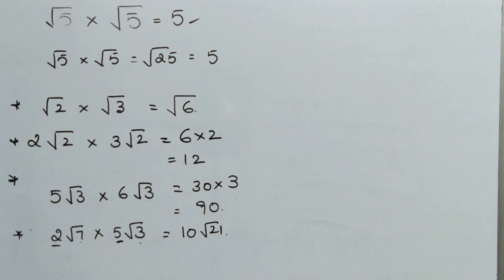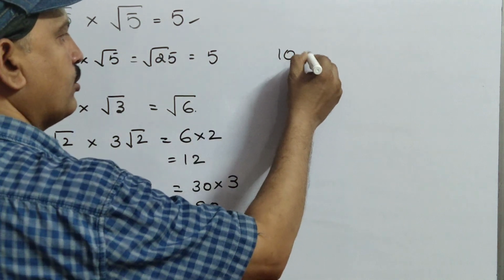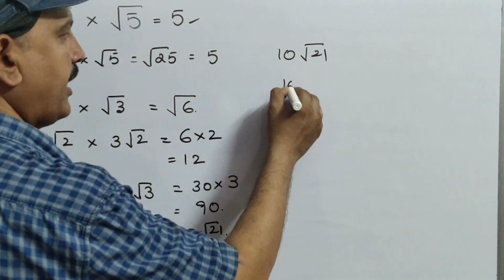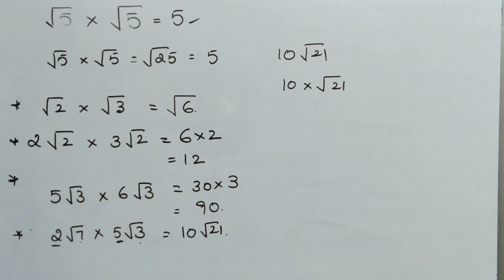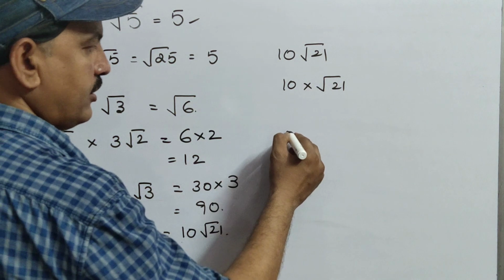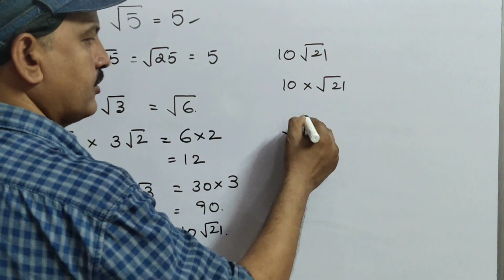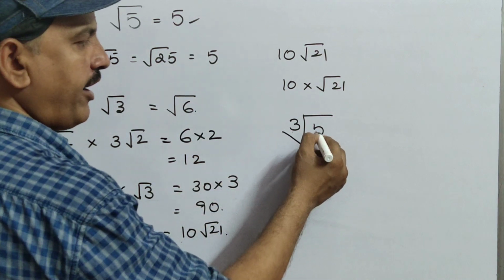And one more very important point, where you commit a mistake, rarely I will tell you. Here 10 root 21 means 10 into root 21. Why? Because you learn in cubes and cube roots, if you write 3 under this sign and any number, you can read it as cube root of 5.